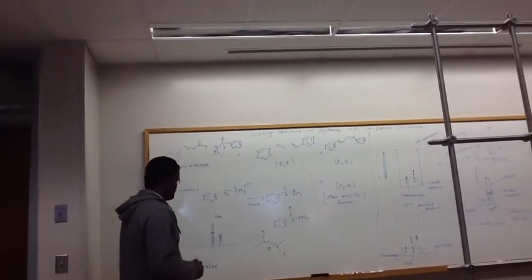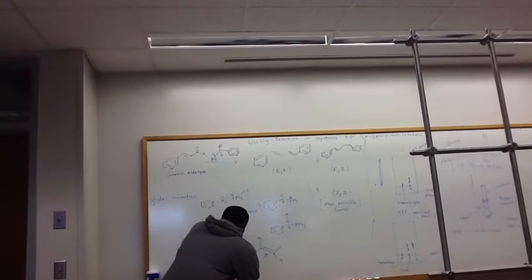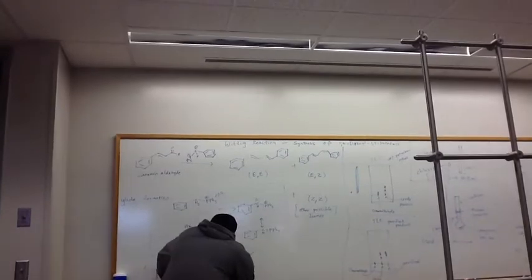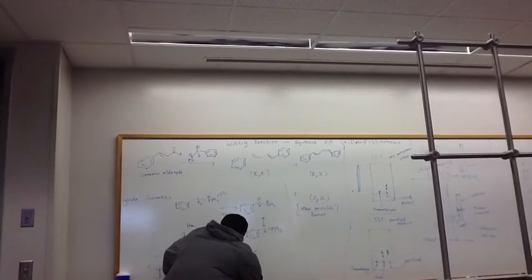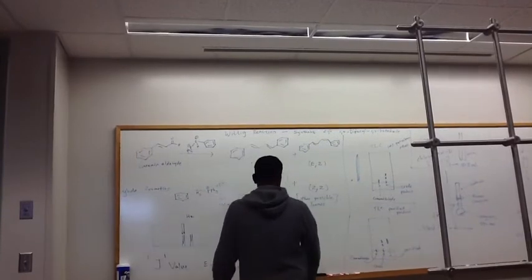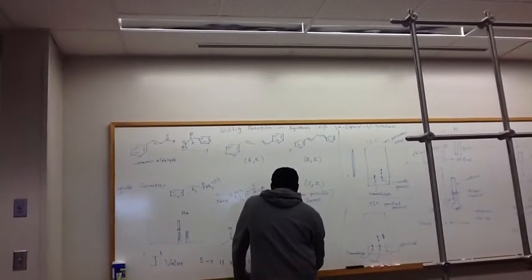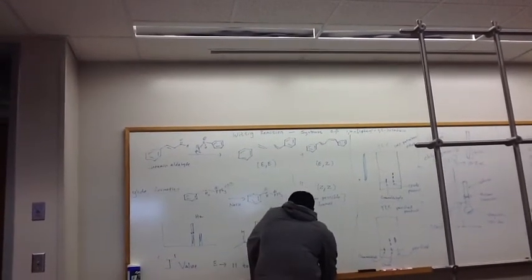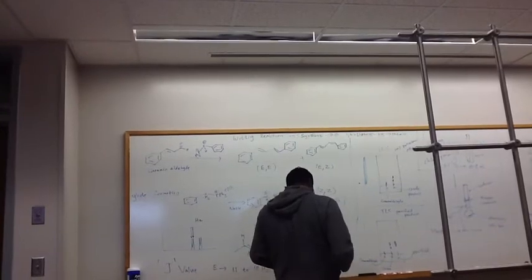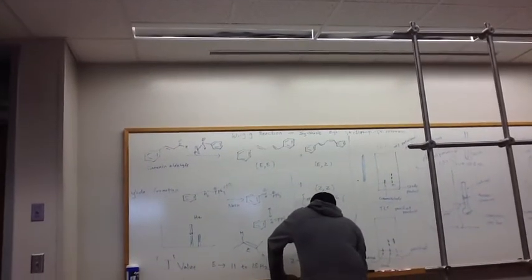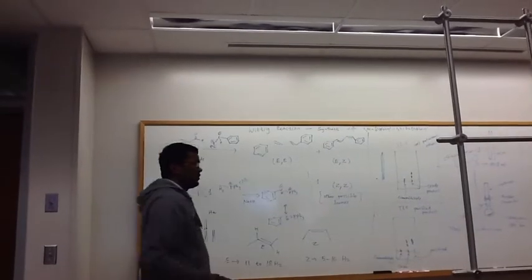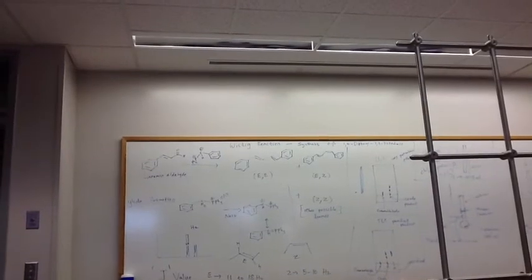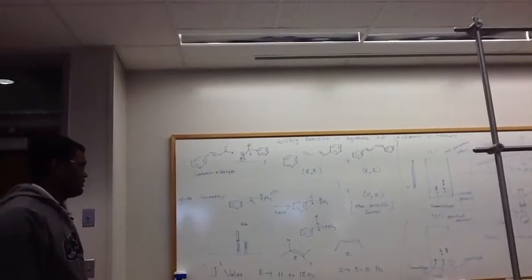So the J value: for the E isomer, you will be seeing 11 to 18 hertz, and for the Z isomer, you will be seeing 5 to 10 hertz.